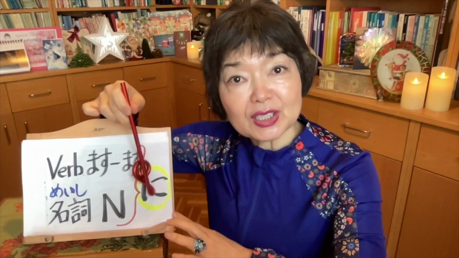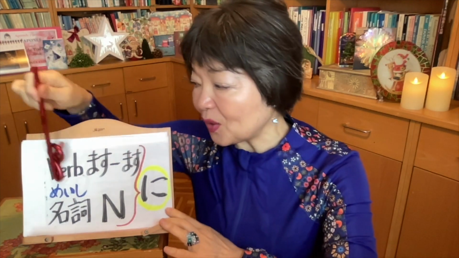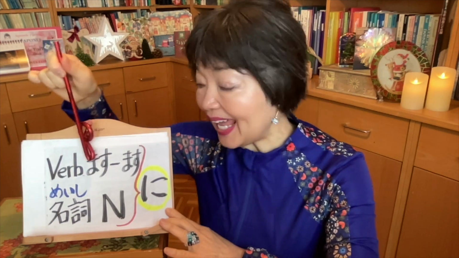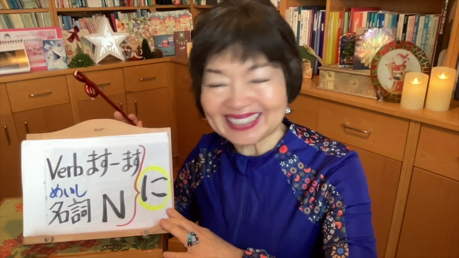to pick me up. But with this structure, the verb is 行きます to go or 来ます to come. And in the case of the verbs, verb masu form without masu. In this case, 迎えます, 迎えに来ます, come to pick me up.